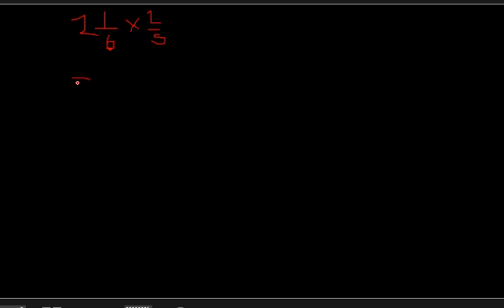Okay. How do you do this one? As usual, convert this into an improper fraction. So you have 13 over 6 multiplied by 2 over 5. So what happens here?